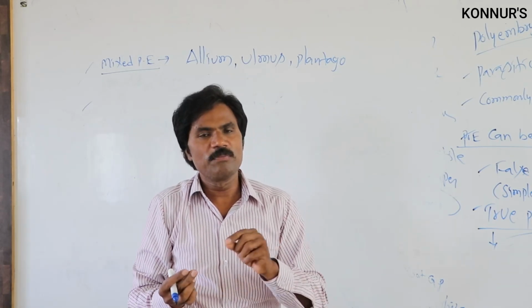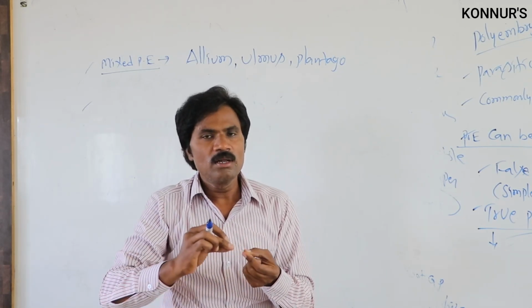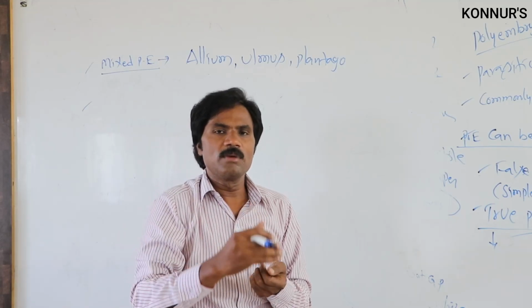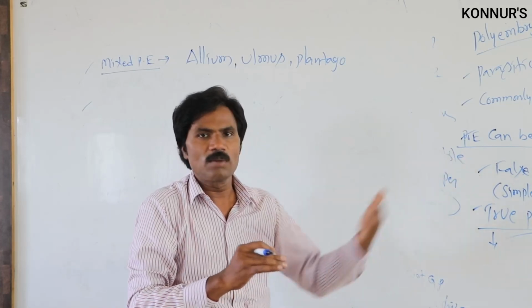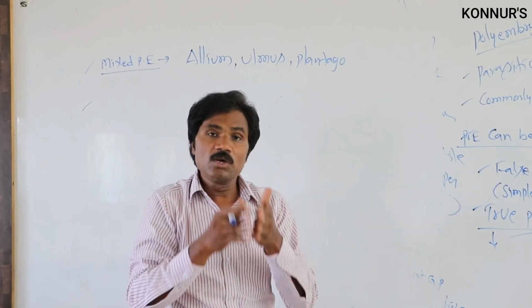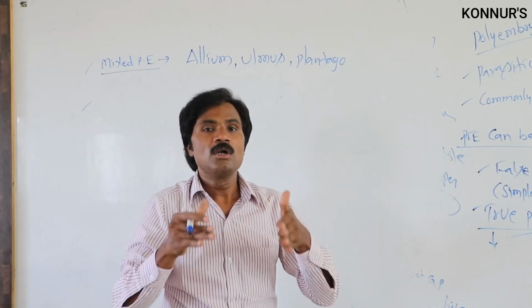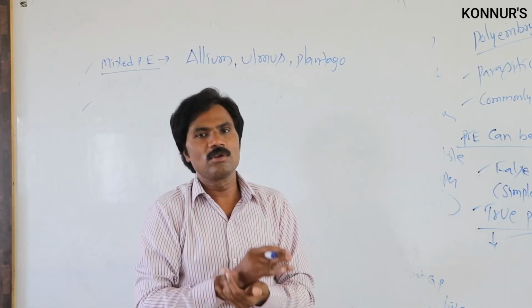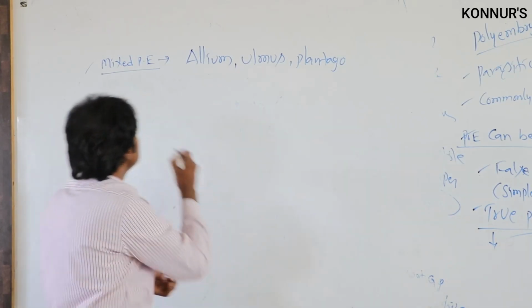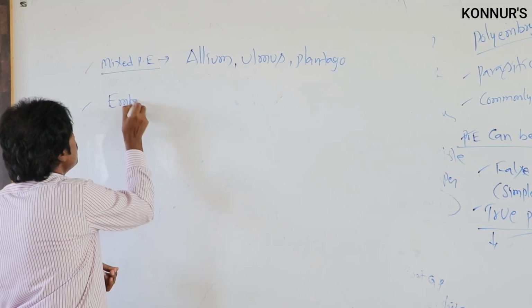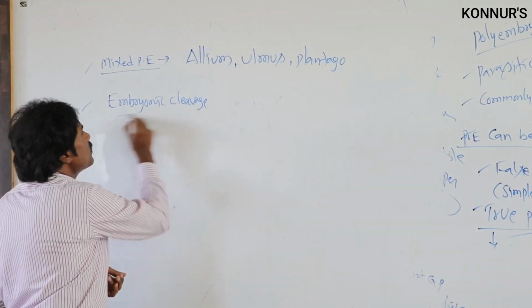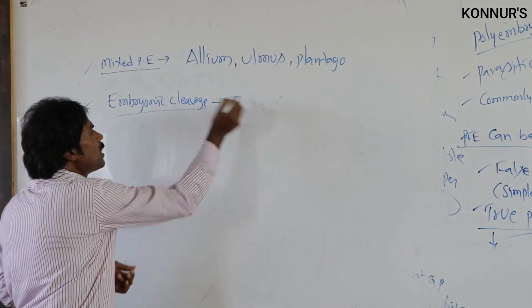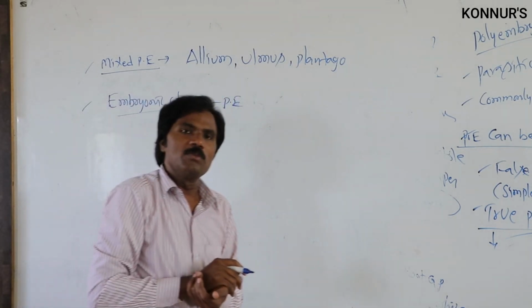Normally, after fusion of male and female gametes, the zygote divides mitotically and develops into a globular embryo if dicot, and similarly in monocot. Here, from the zygote, two embryos are formed and develop differently. That is embryonic cleavage. In that manner also polyembryony is possible.